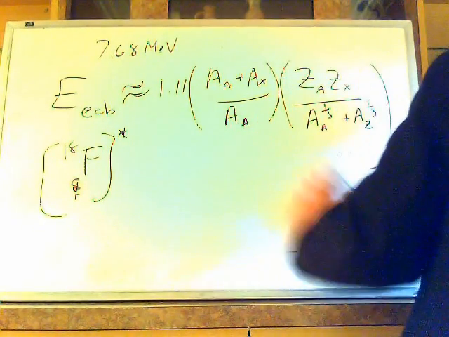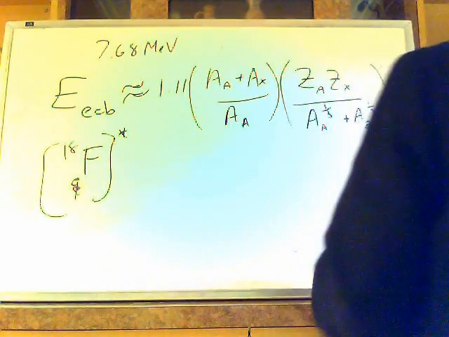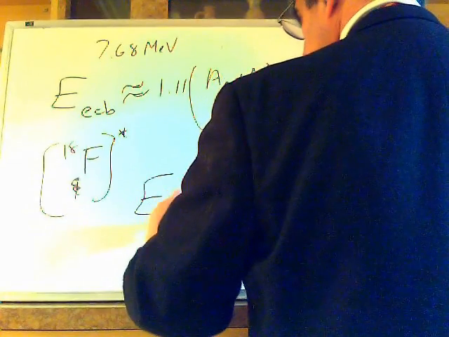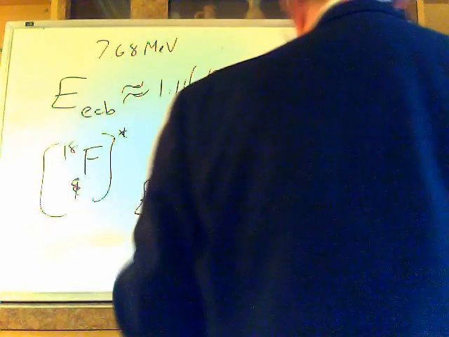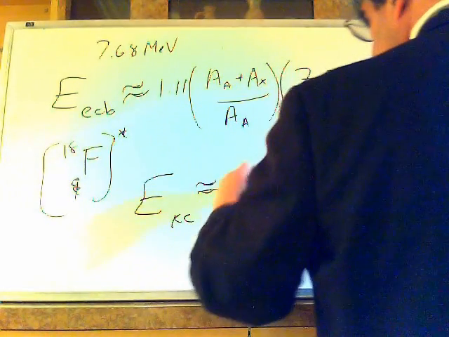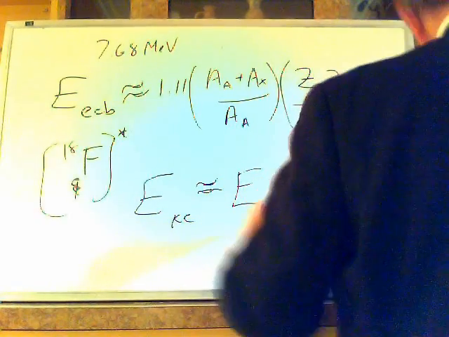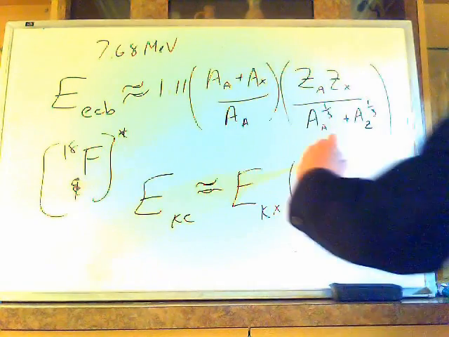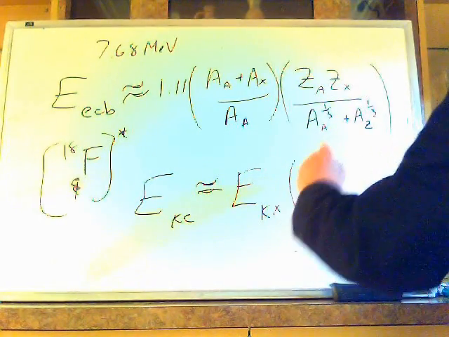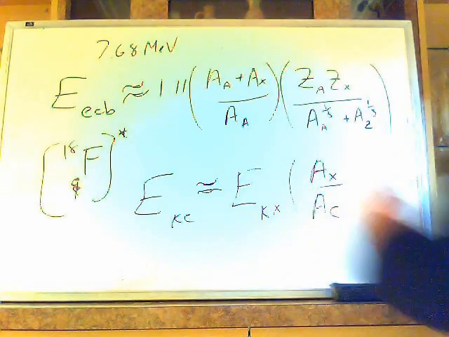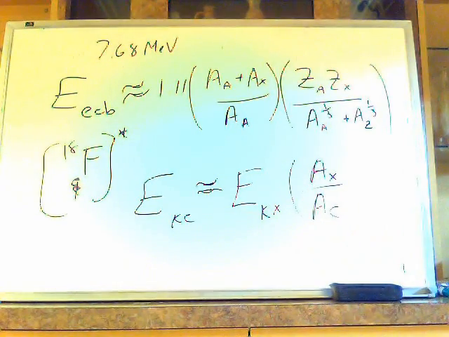This is equation 7.4, and this one says that the kinetic energy of the compound nucleus is approximately equal to the kinetic energy of the projectile times the quantity A sub X, which is the atomic mass of the projectile, divided by A sub C, the atomic mass of the compound nucleus.